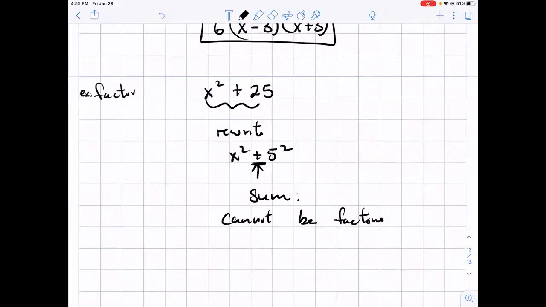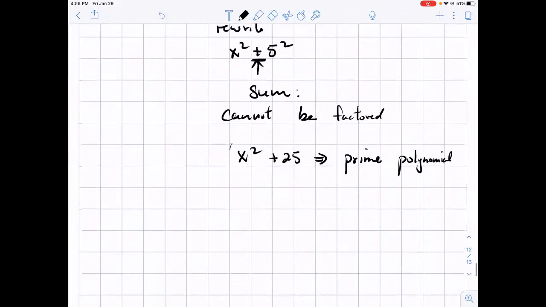So x squared plus 25 is what we call a prime polynomial. X squared plus 25 is a prime polynomial.